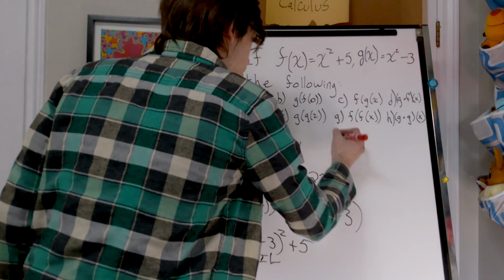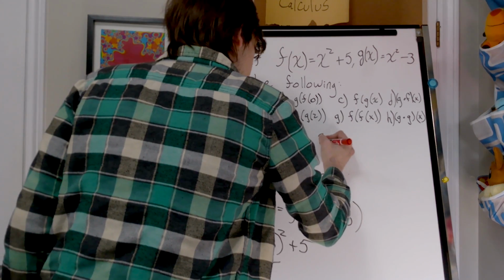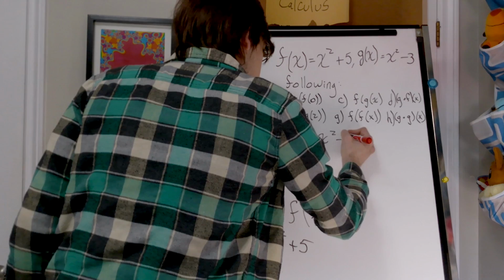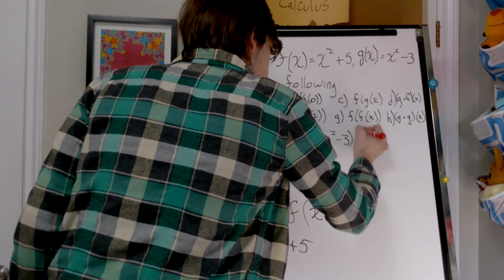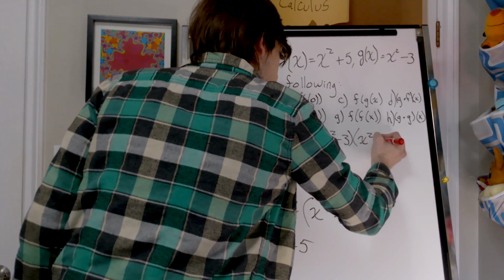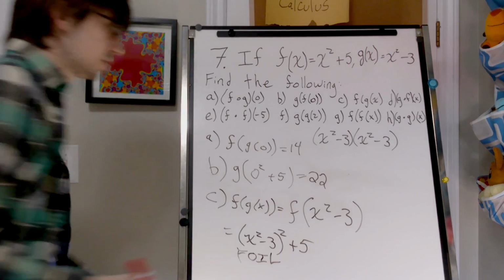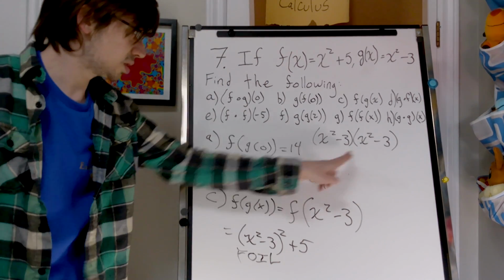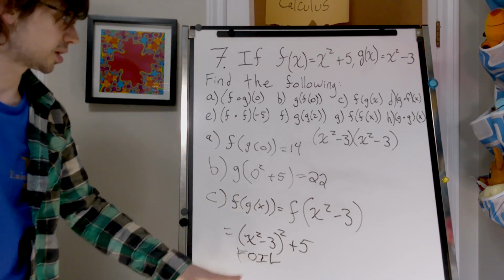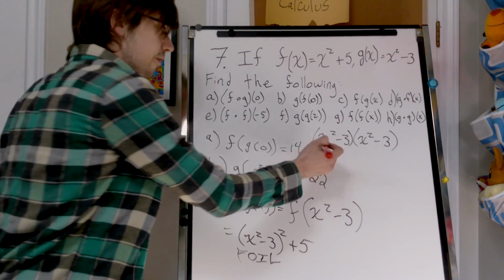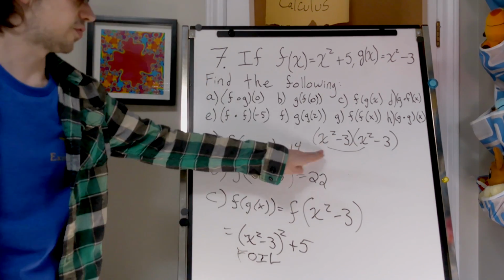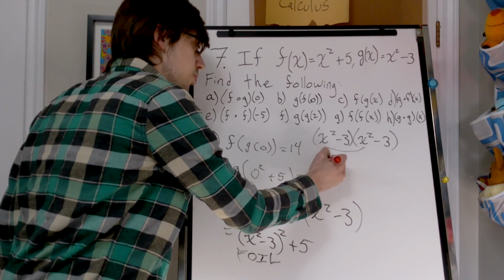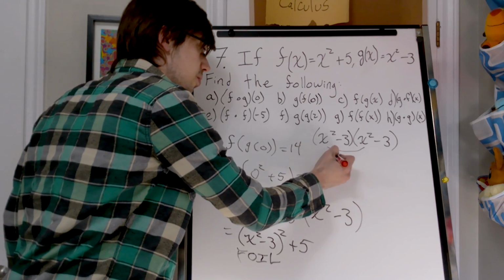If you don't know what that means, we are going x squared minus 3 times x squared minus 3. Those are two terms. That's why they're squared. The FOIL, first terms, x squared times x squared. That is x to the power of 4.